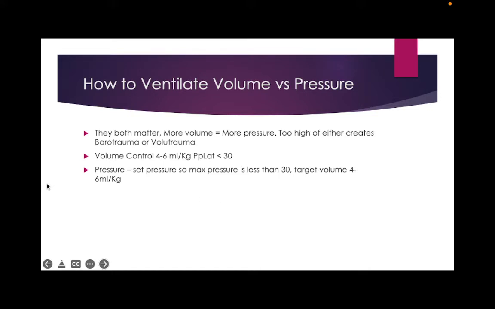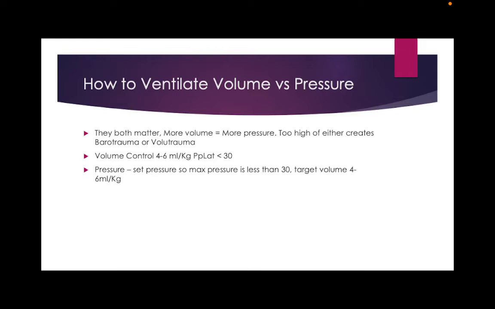So either volume control or pressure control is okay. It depends what you're more comfortable with. It depends what your senior is more comfortable with. It depends how closely you can watch the patient, okay? If you're on volume control and your volume is set to 4 mL per kilo, so your patient is 60 kilos, 60 times 4 is 240, you're set.